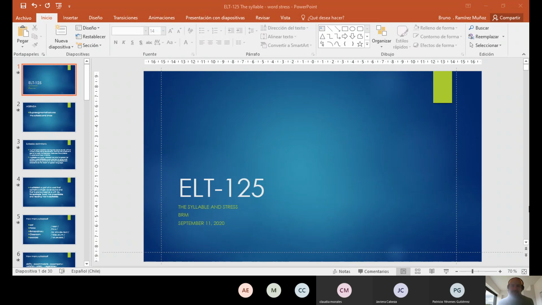Some of them will have a VC or CV, but sometimes there's going to be a cluster of consonant sounds, a group of consonant sounds that go at the beginning of the syllable. I think we may have used before the example strike.